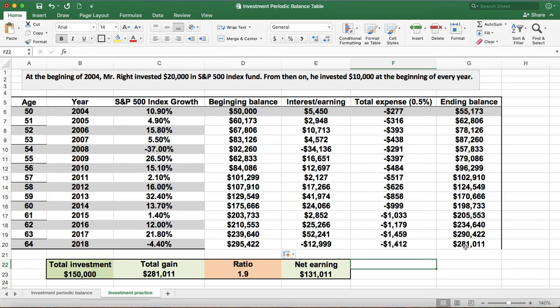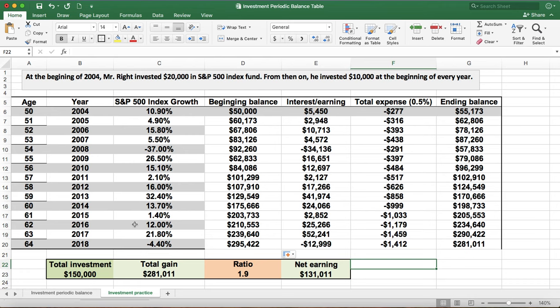And you can even change the investment pattern. For example, at the age of 59, Mr. Wright bought a cabin by the lake.